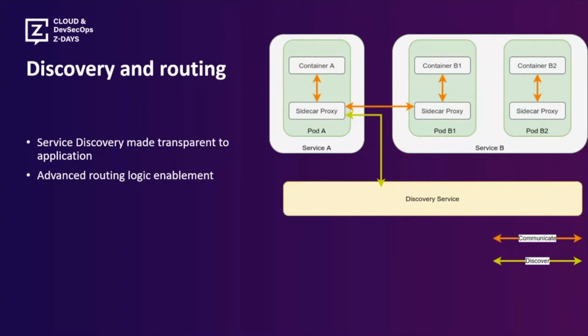You can route part of users to new application versions. You can even route specific usernames or groups to your service versions, maybe running in different clusters, right? So service mesh can span across multiple clusters in some cases.